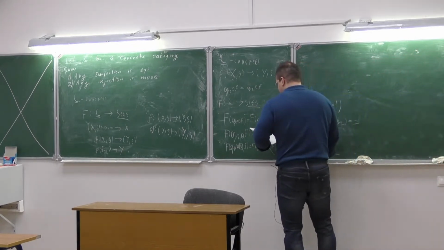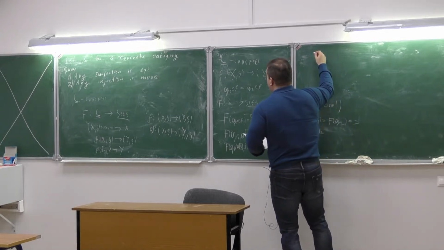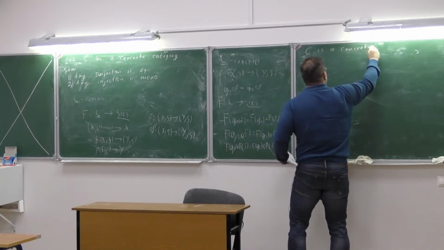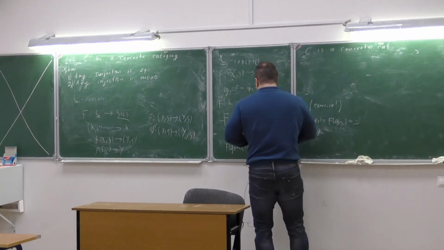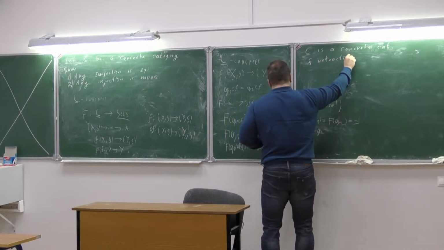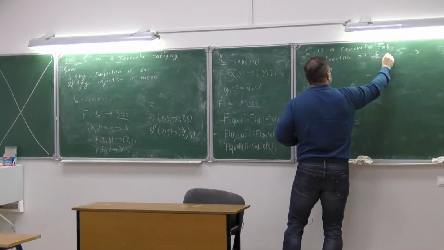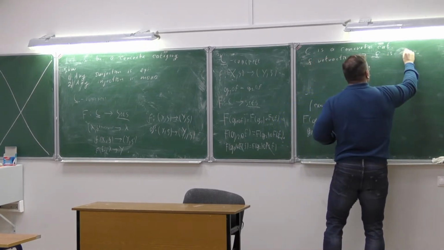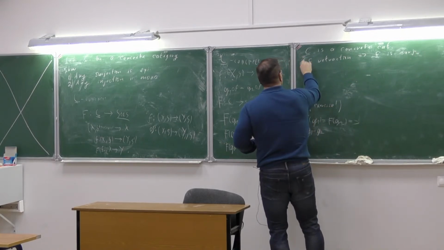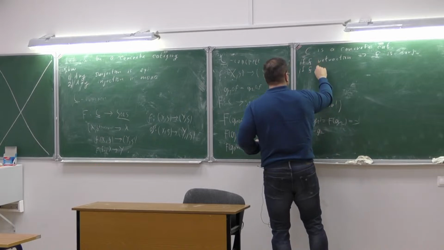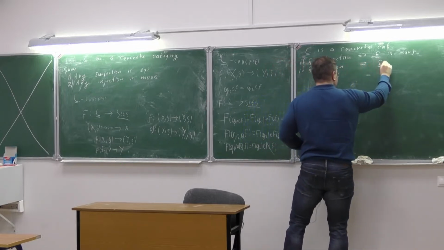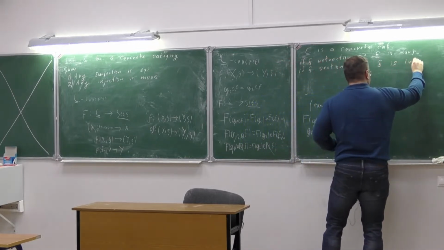So the problem is, again, C as before is a concrete category. If f is a retraction, then this implies that f is a surjection, and if f is a section, then f is an injection.